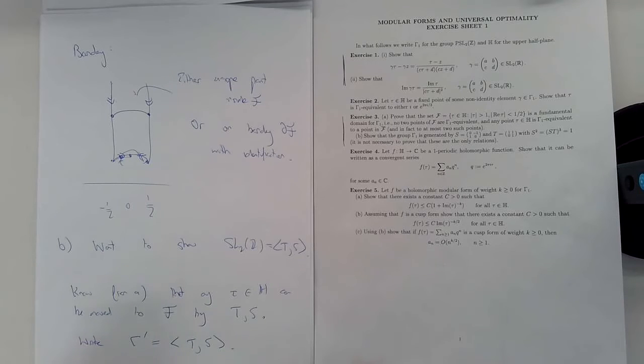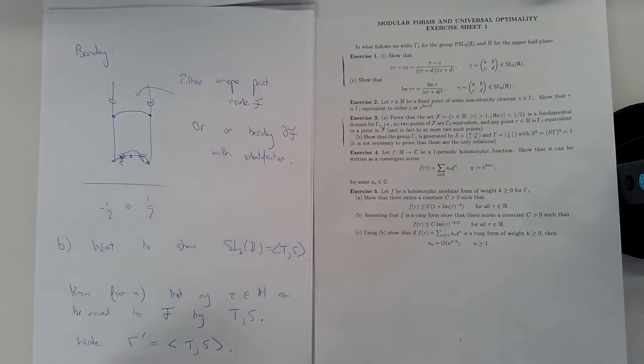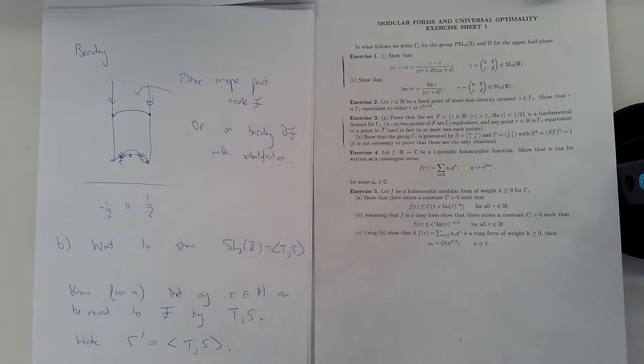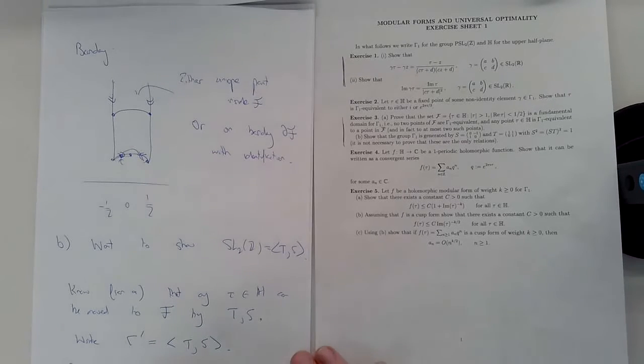Now let's pick a point tau in the fundamental domain, and consider for any matrix in SL2Z the image of tau, which lands somewhere in the upper half plane.